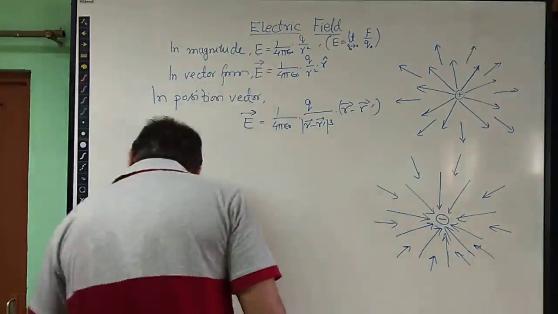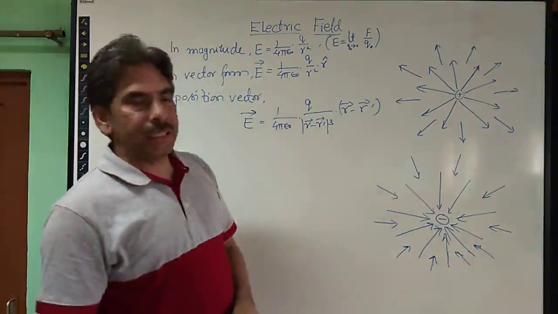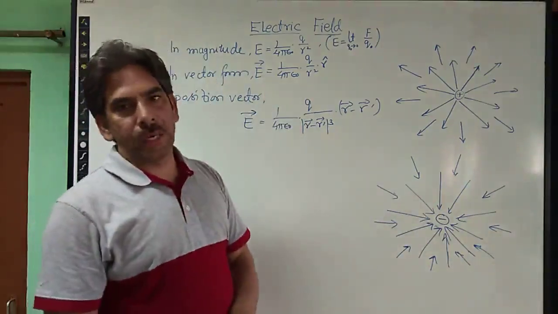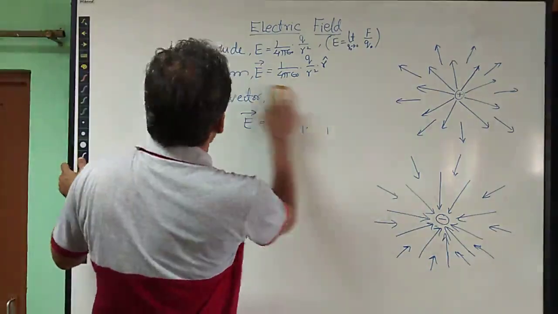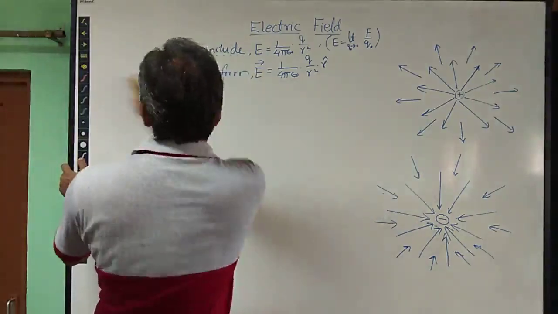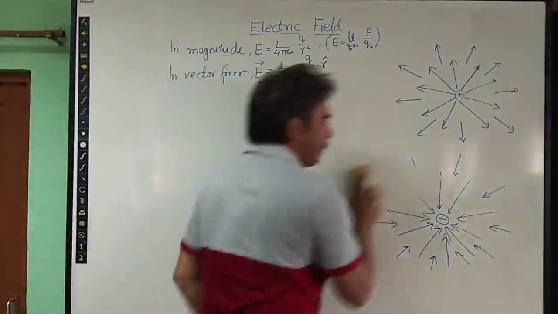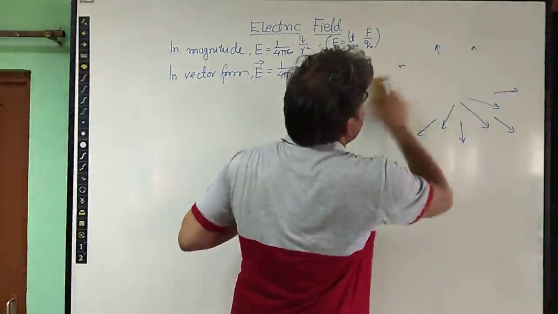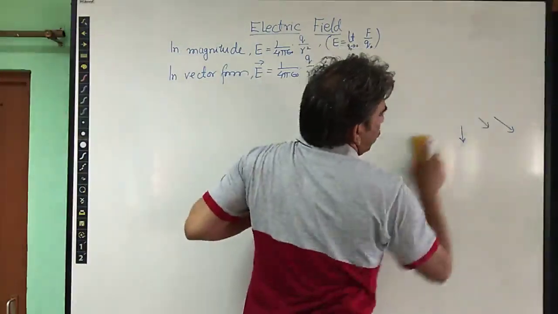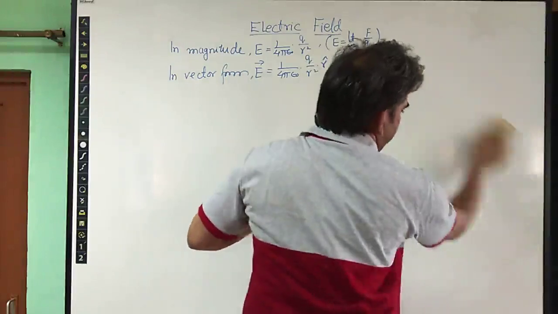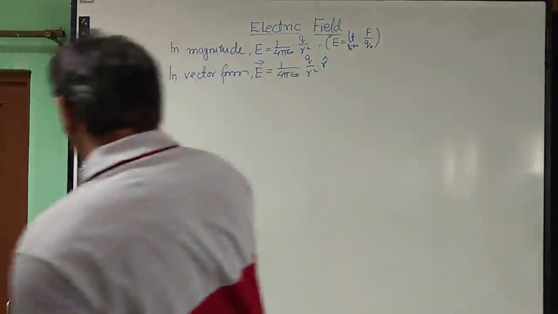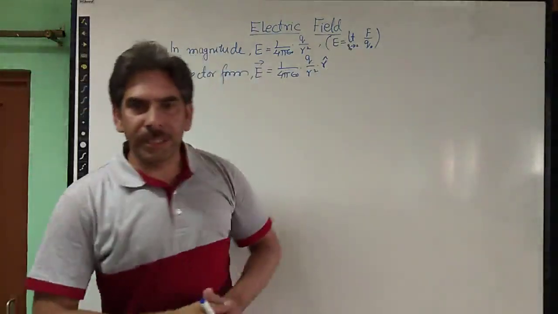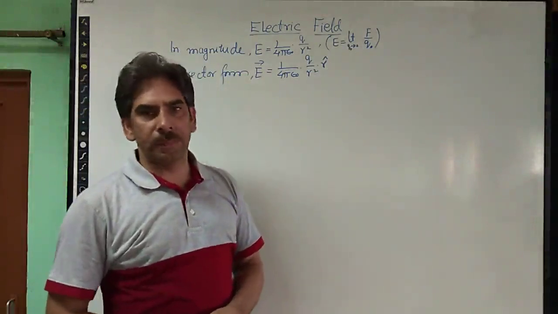Okay. We can also represent the electric field in terms of its components from this expression. So in terms of components, because electric field depends upon the electrostatic force from this formula, and electrostatic force is a vector quantity, therefore electric field is also a vector quantity which can be resolved into components.